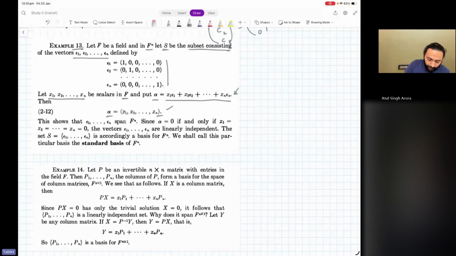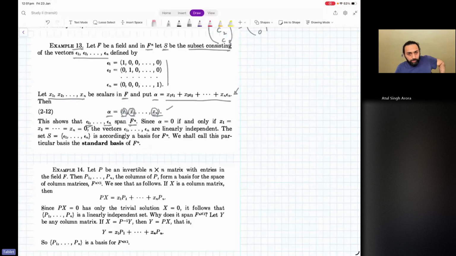And this shows that epsilon 1 to epsilon n spans Fn. Because what is the definition of Fn? Fn is just a bunch of coordinates. It's arbitrary x's, and alpha can have arbitrary coordinates here. Is that okay?